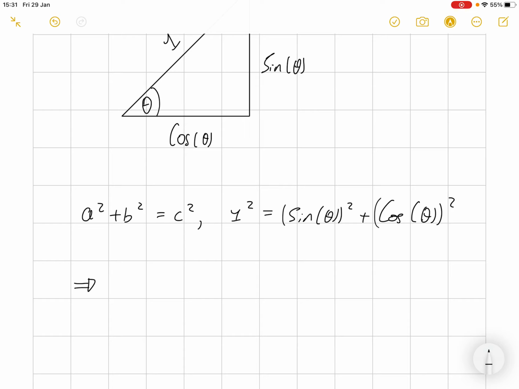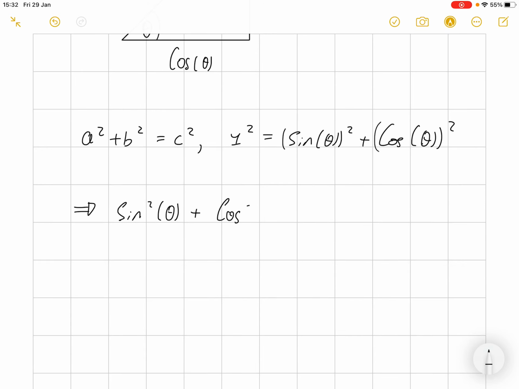which implies that sine squared theta, we write it like this with the power up in the middle, we tend to do that with any functions that are words, so natural log would be ln squared x, sine squared x, etc., plus cos squared theta is equal to 1.